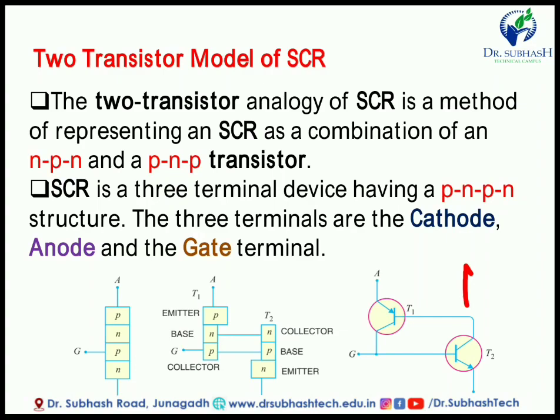Now here the construction of SCR is given. In the construction there is an anode, a cathode, and the lower terminal is the gate. There are a total of 4 PN layers, and in these layers we have the 3 junctions J1, J2 and J3. This is the basic construction of SCR.